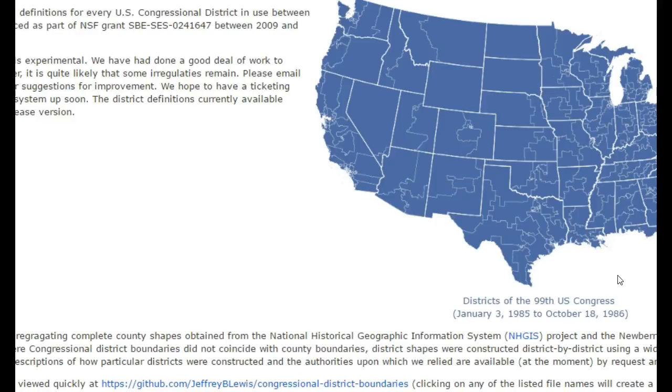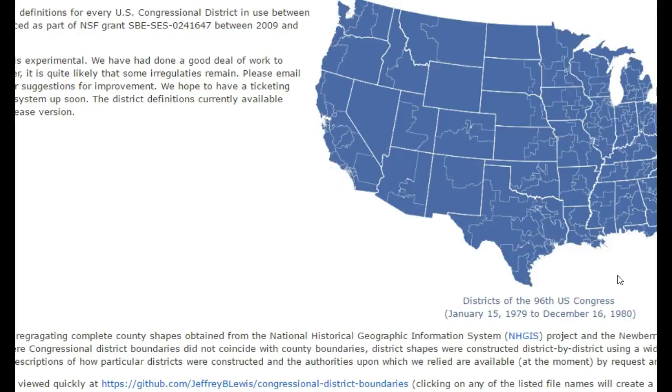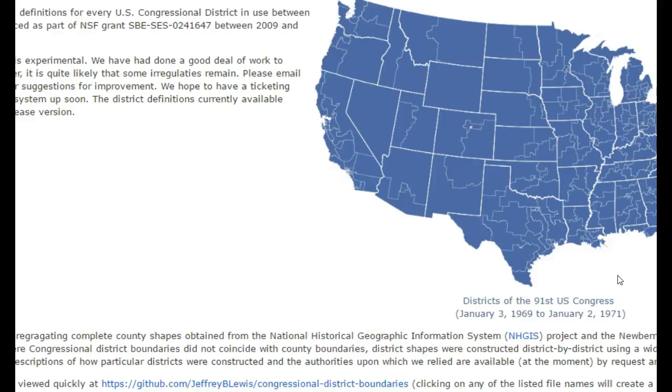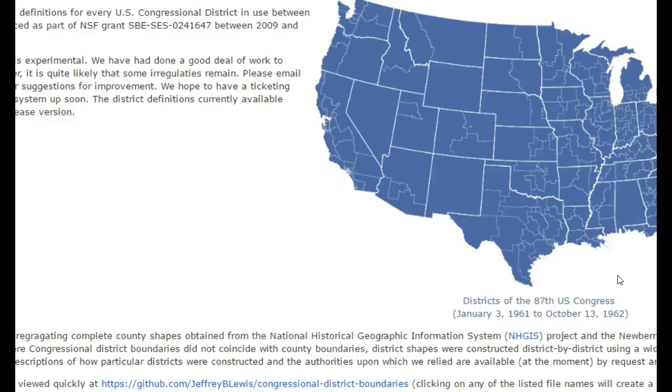There was a very important moment when the court decided that urban residents were not being treated equally under the law because their districts were the same size as a rural district, which meant that they had less representation per capita. See, here's where we get to the point where pretty much all the districts are the same geographic size.